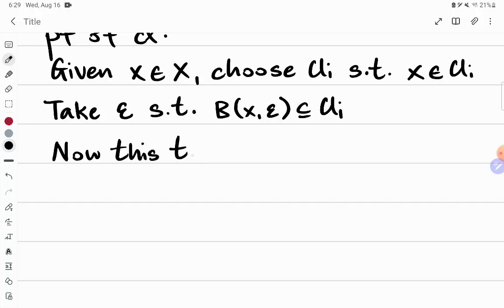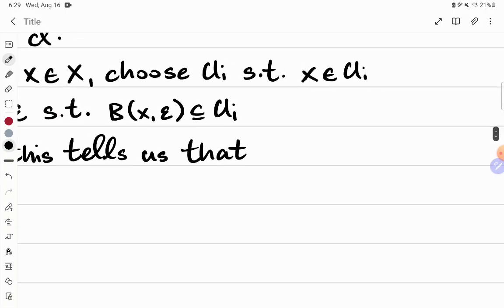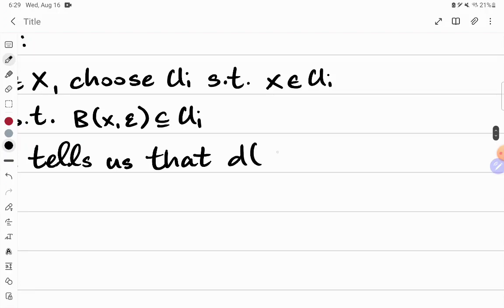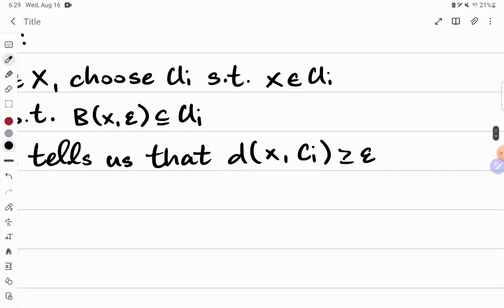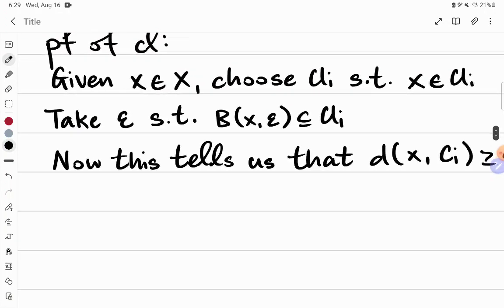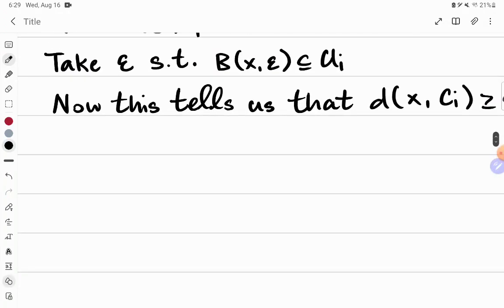Now, this tells us that the distance from x to the specific complement Ci of Ui here is at least epsilon, right? Because equality holds if this epsilon ball is all of Ui, and if there's a strict containment, then this is going to be an actual sharp inequality. It's going to be a proper bound. So let me try to draw this picture.